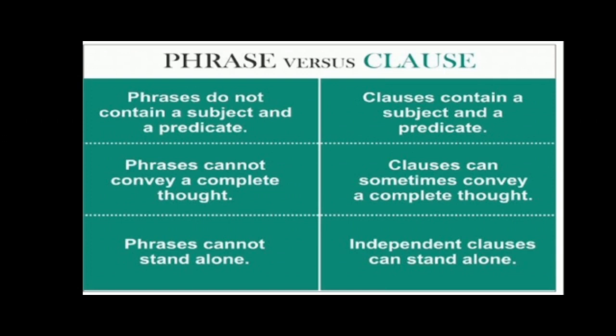Phrases cannot convey a complete meaning, and a clause will convey a complete meaning. And a phrase cannot stand alone. It means if you just read the phrase, you will not get an idea, you will not understand what the speaker is saying. But a clause can stand alone. That is a full, complete sentence.